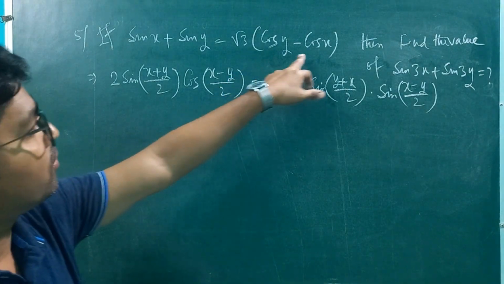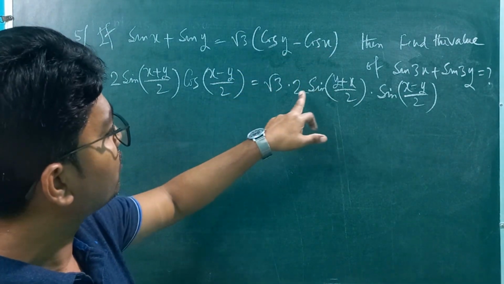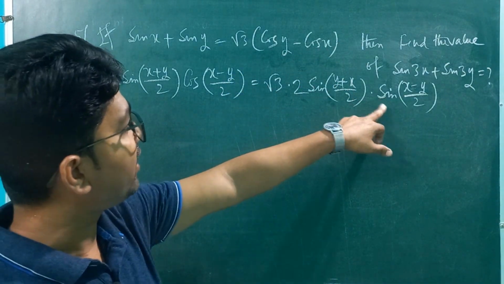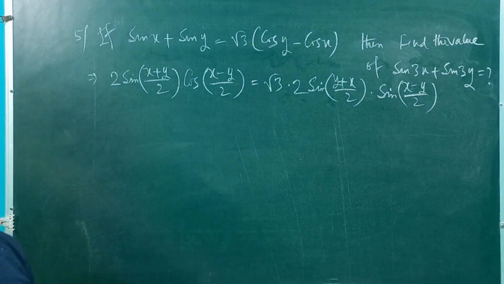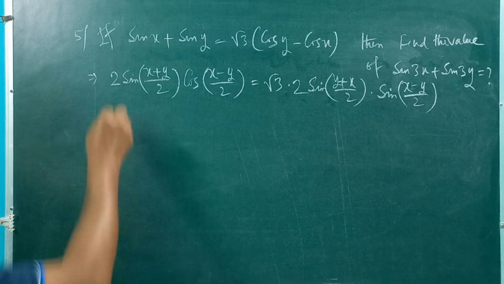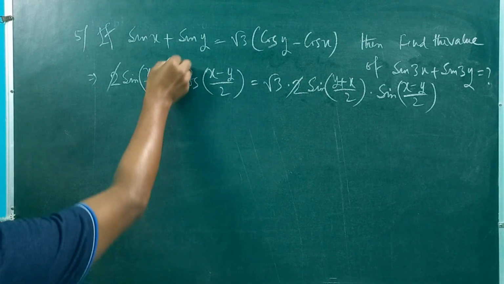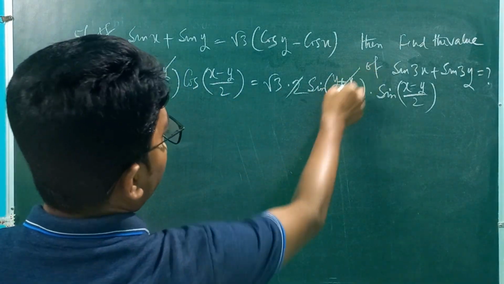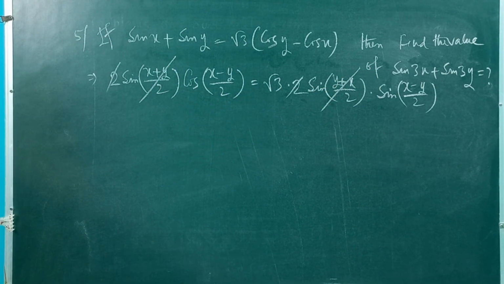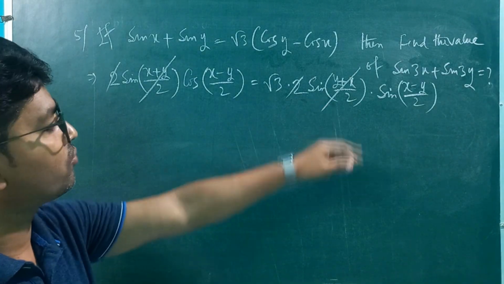This one is our exceptional formula, cos c minus cos d, 2 sin c plus d by 2 sin d minus c by 2. Then we will cancel this 2. You may also cancel this term, sin x plus y by 2 sin x plus y by 2.